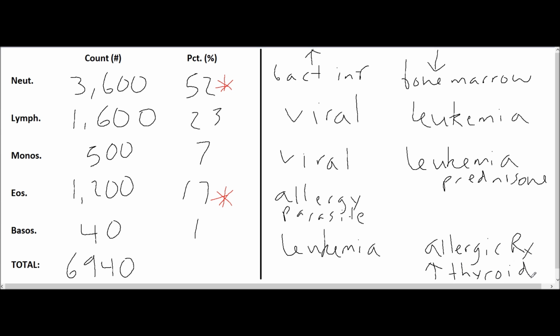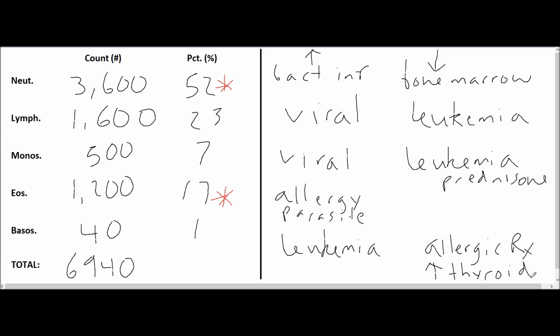So again, reviewing what we're talking about here, while the count is important, the percentage also does help us sometimes. In this case, it flagged that we were a little low on neutrophils, but the important thing to look at is, even though the computer would flag this and tell us that the neutrophil had an abnormal result, if we look closely, we would say, okay, a count of 3,600 neutrophils is perfectly normal.